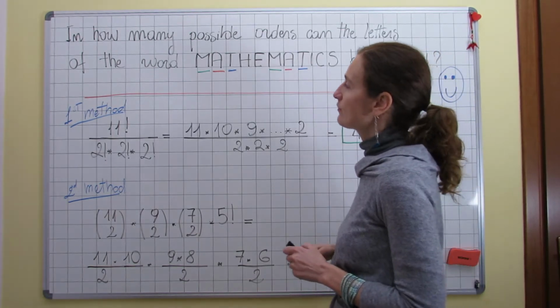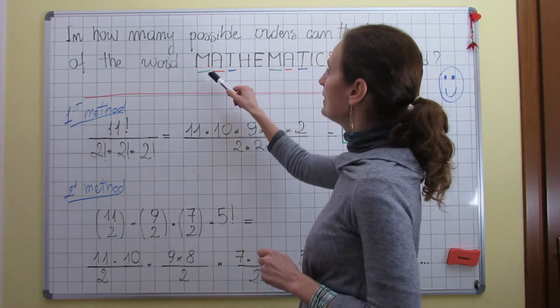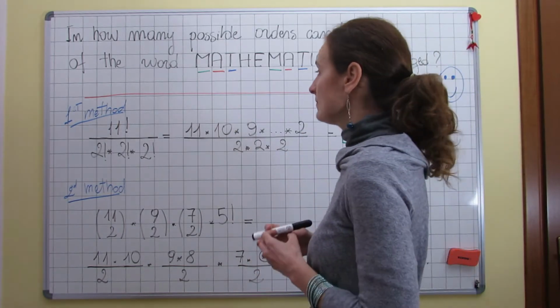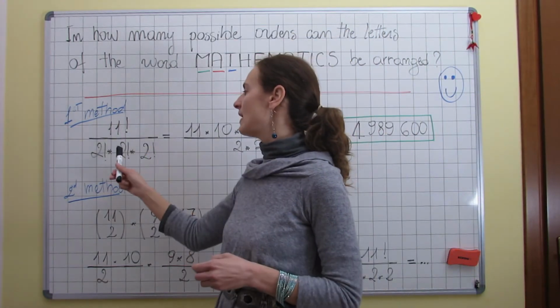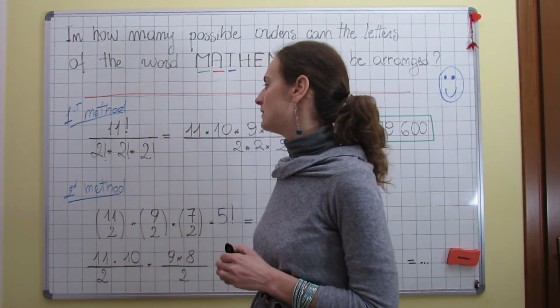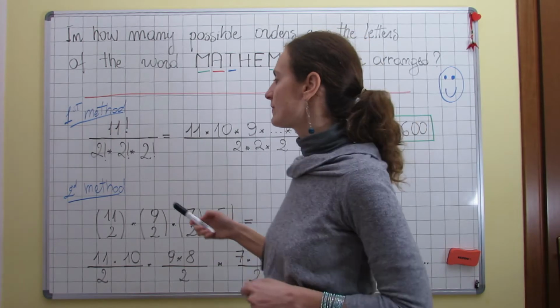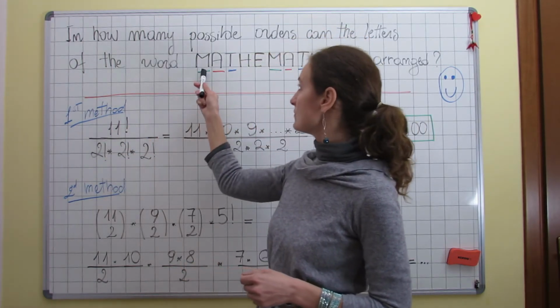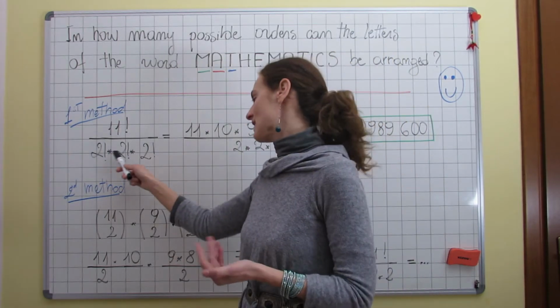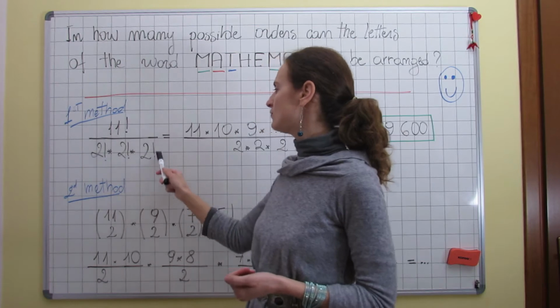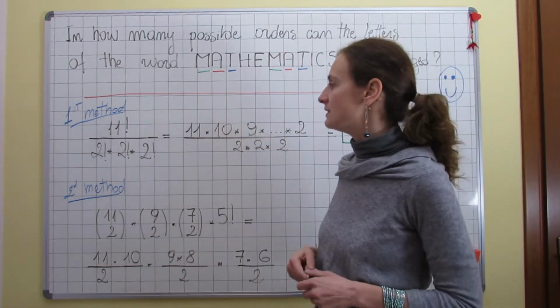But you know from the theory that when you have groups of letters which are the same, you have to divide by the number of elements in each group. So 11 factorial divided by 2 factorial because there are 2 M's, times 2 factorial because there are 2 A's, and times 2 factorial because there are 2 T's.